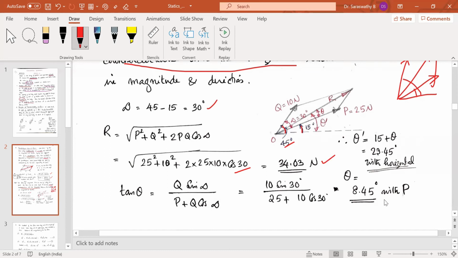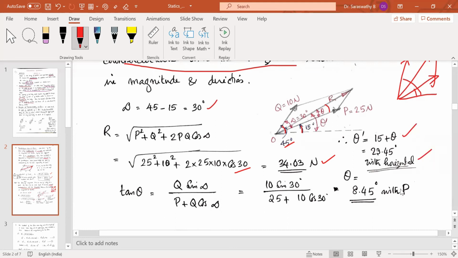We'll get 8.45 degrees with P. So this resultant is making an angle of 8.45 degrees with P. Because the other two forces are given with the angle with the horizontal, if you want, I can represent it as 8.45 plus this angle, 15 degrees. 15 plus theta will give you the angle of the resultant with the horizontal.